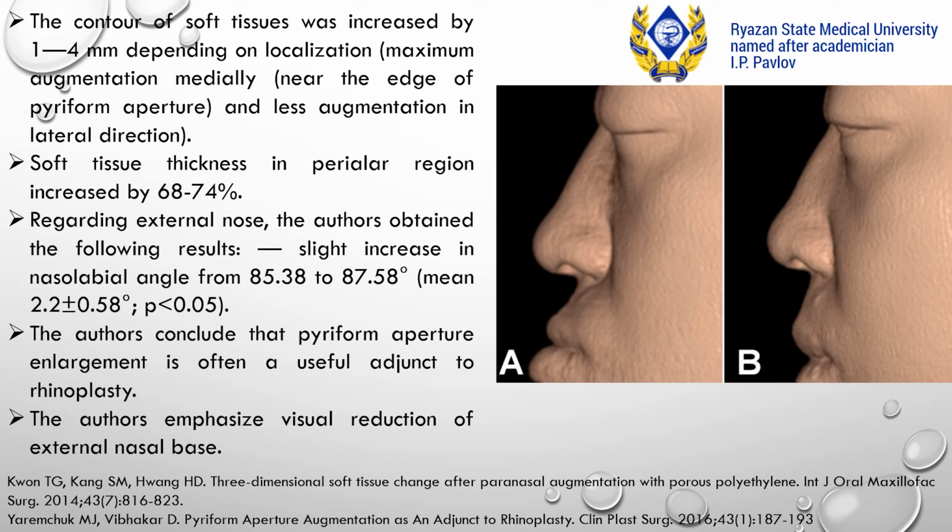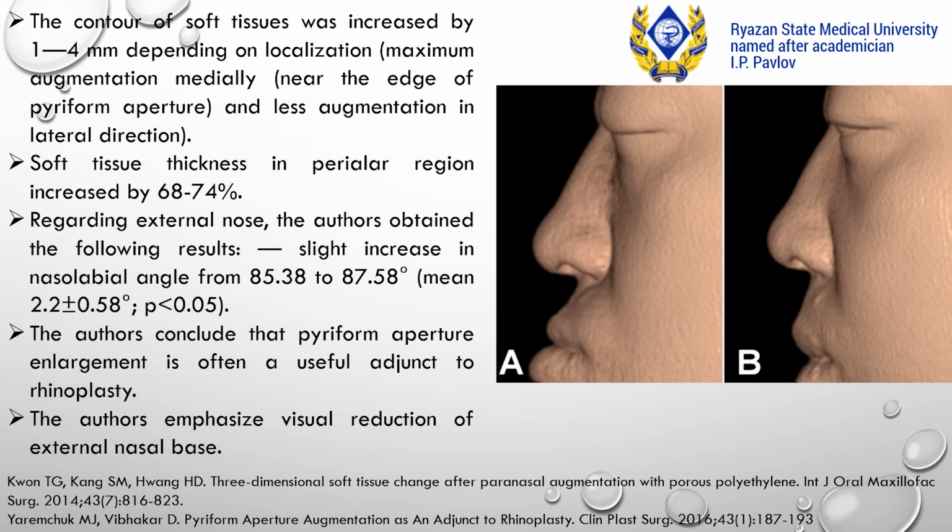Kwon and others submitted a similar work, and the contour of soft tissue was increased by 1 to 4 mm depending on localization. Soft tissue thickness in the perialar region increased by 68–74%. Regarding the external nose, the authors obtained the following results: slight increase in nasolabial angle and external nasal base enlargement.